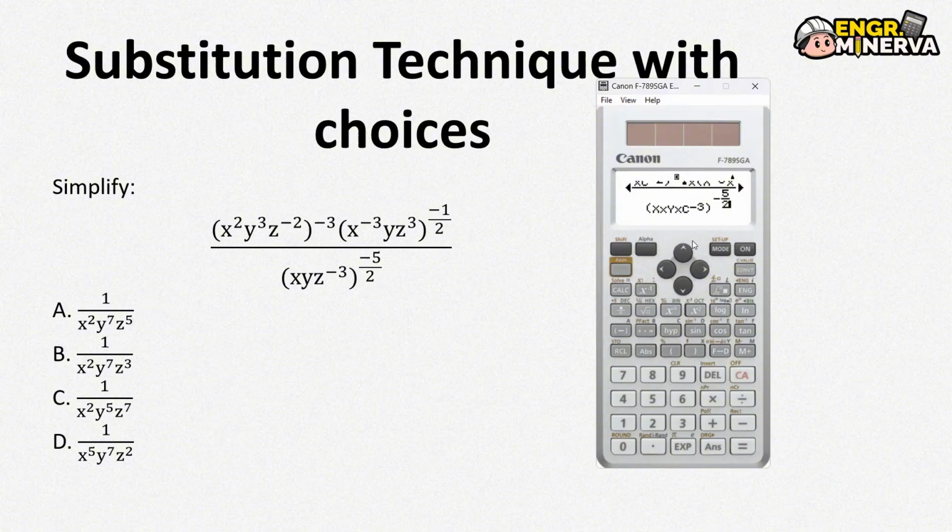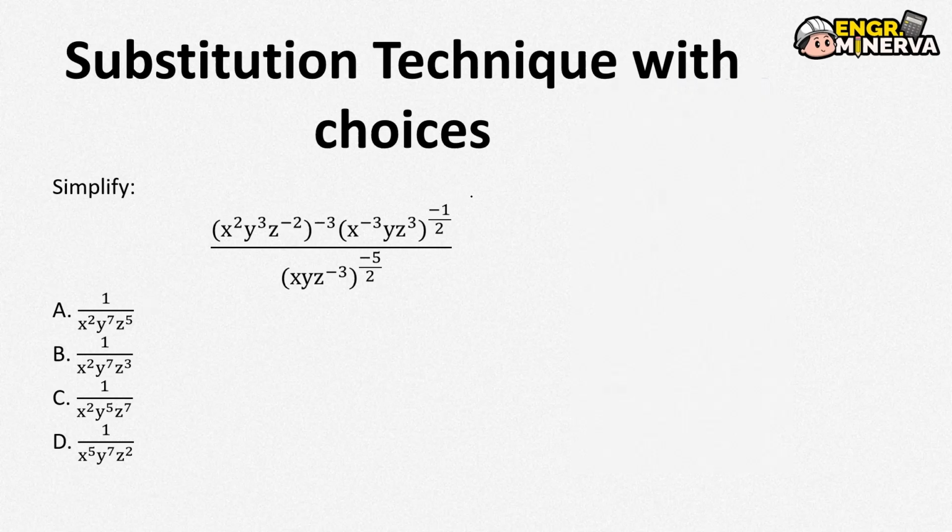Then at this time, we will use the calc function. So press calc. So what we are doing here is substituting the values of our variables in the equation. My tip here is that when we are substituting variables, it is advisable to use numbers with decimals.